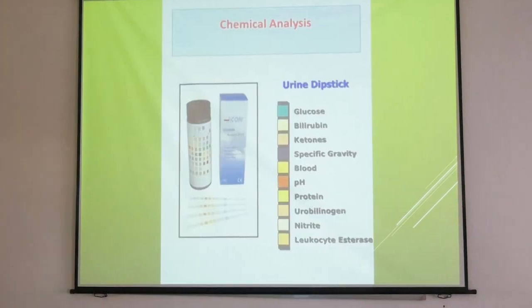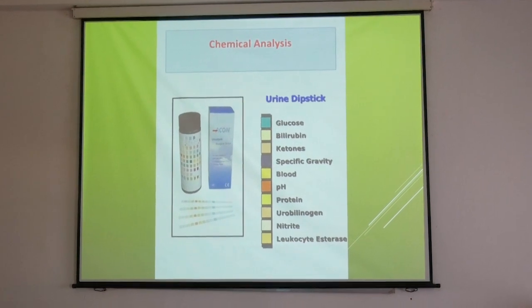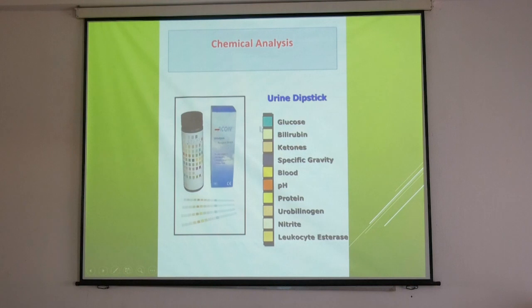We can detect the different abnormal constituents of urine by some tests with the help of a strip. These are plastic or paper strips on which certain chemical reagents are added. When we dip this strip in urine, the color of these chemicals changes.